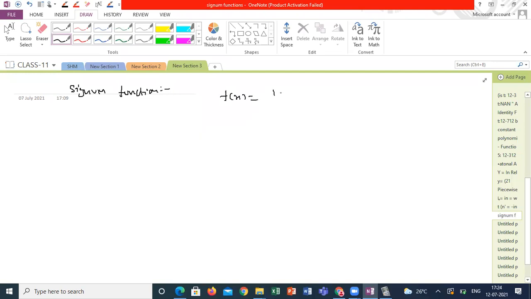F of x is mod x by x. What is its meaning? For all negative values, actually this is a function of minus 1 for x less than 0, 0 for x equal to 0, sorry, plus 1 for x greater than 0.